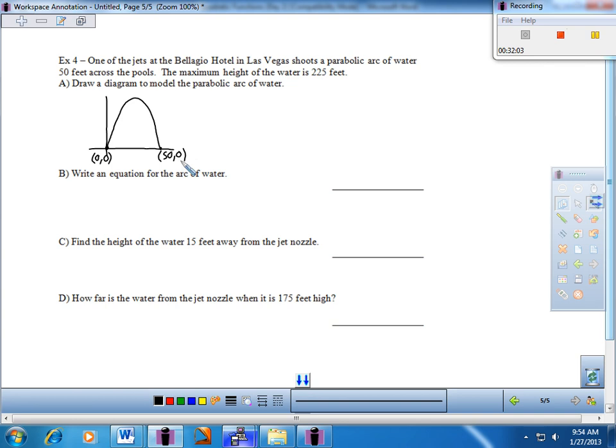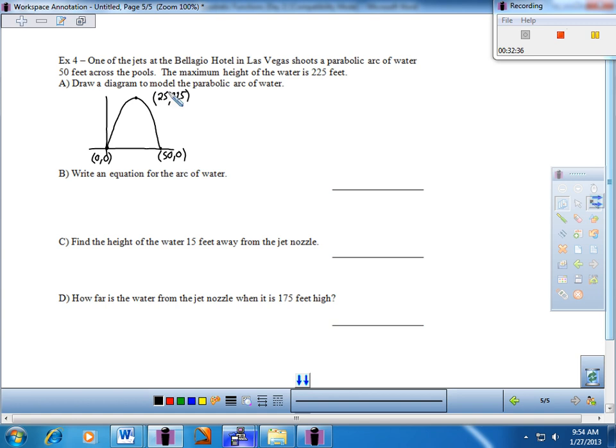What's the third? In the information, the maximum height is 225. That's from here up, and it's right there. The question becomes, what is the x value with that y value being 225? And here's that great symmetry in parabolas. If it's 50 feet across, it hits that max right there at 25.